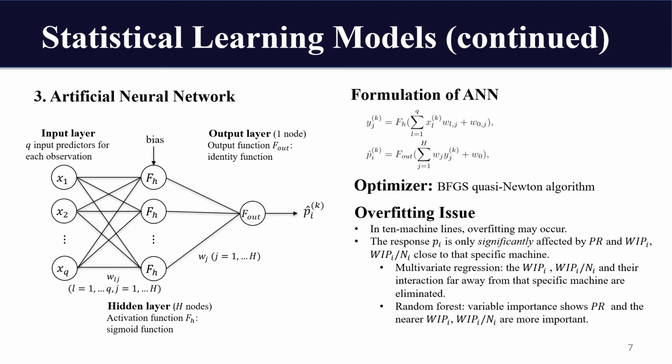For instance, it is clear that the data of the first buffer is very important to estimate the efficiency of the first machine and second machine, but it has little importance to machine 10. Therefore, we just keep PR and WIP n close to that specific machine in the network as input predictors to avoid overfitting and reduce the training time.